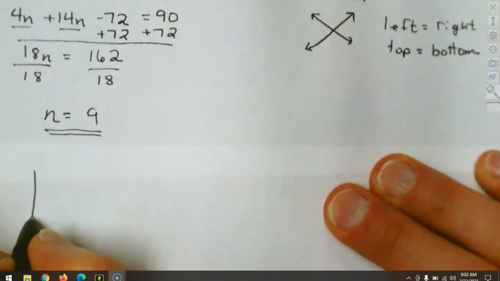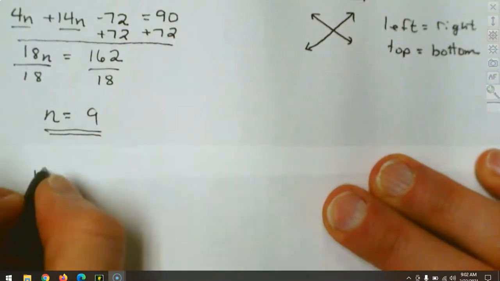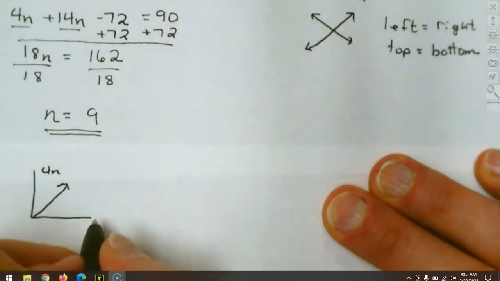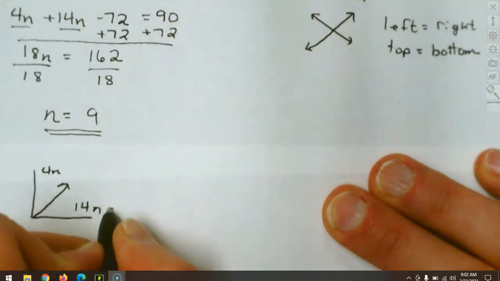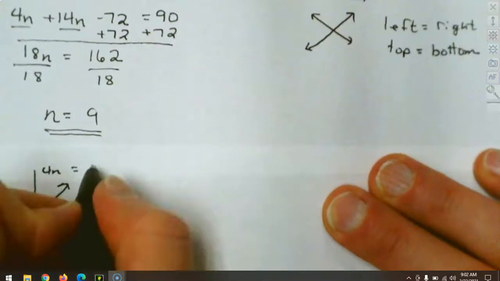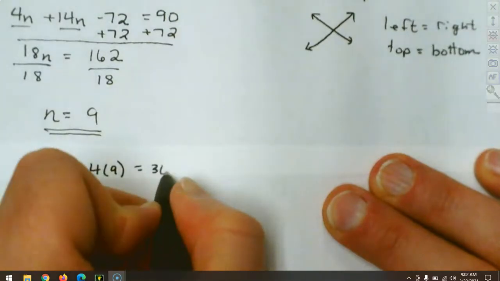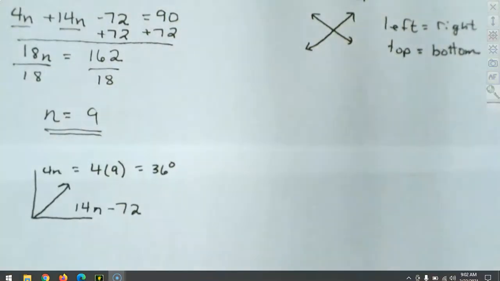So my 2 angles, redrawing them again, are 4n and 14n minus 72. So 4n, well, that's going to be 4 times 9, which is my 36 degrees there. So that's our first component.